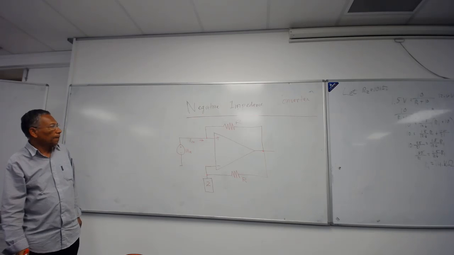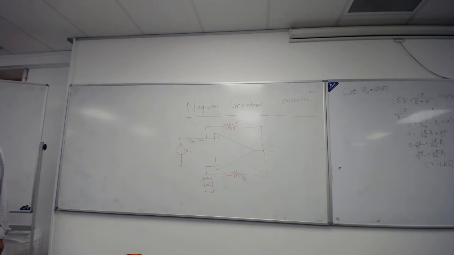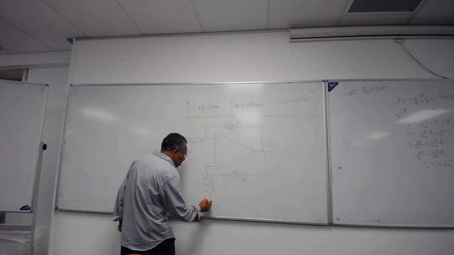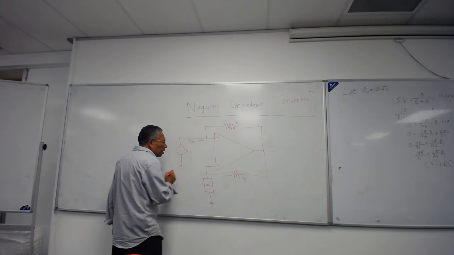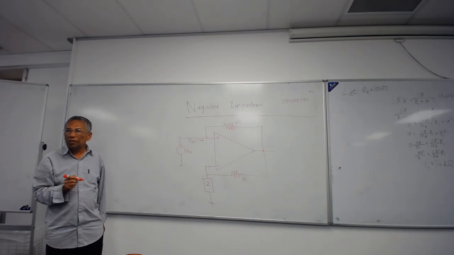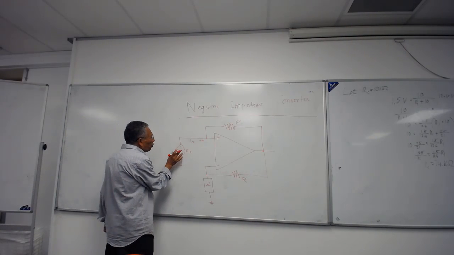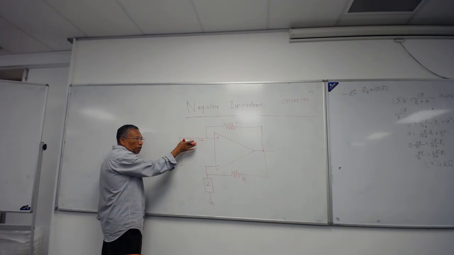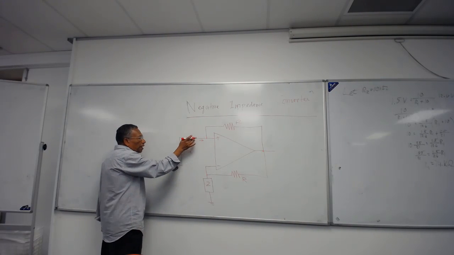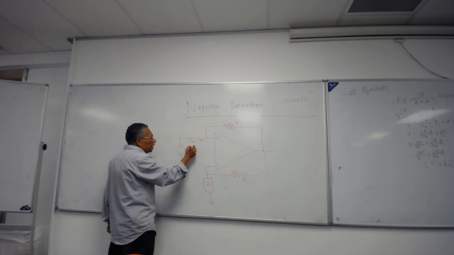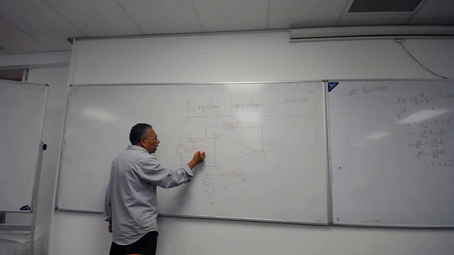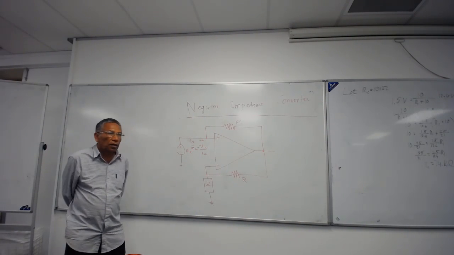Okay. And also, we have this Z connected here to ground from the inverting terminal, and if you apply a voltage here and look into this terminal where a current is flowing, you can also define it as a Z in, which is equal to V in divided by I in. Correct?